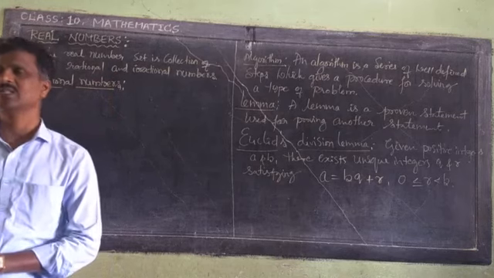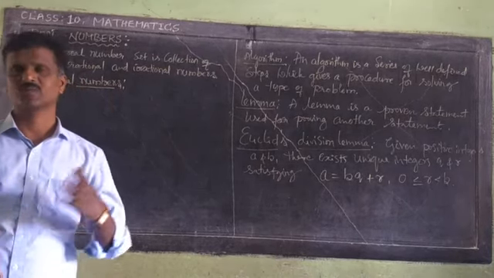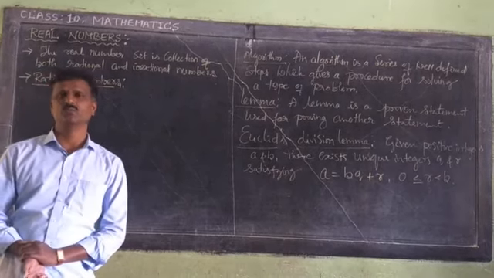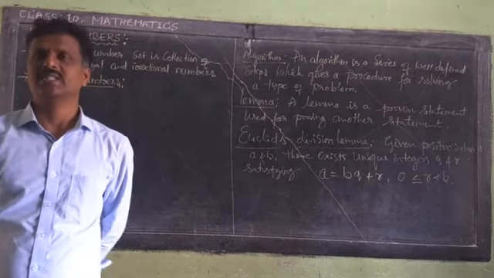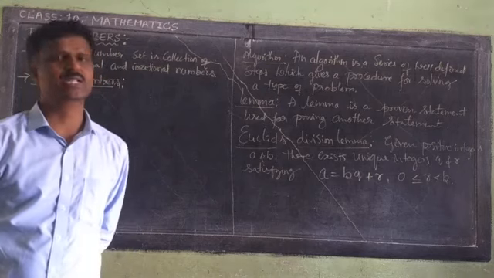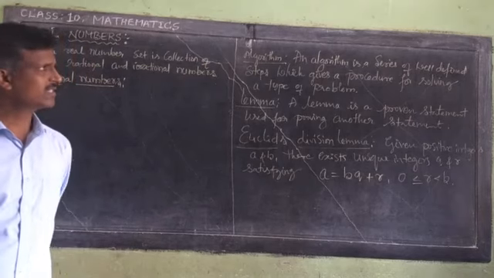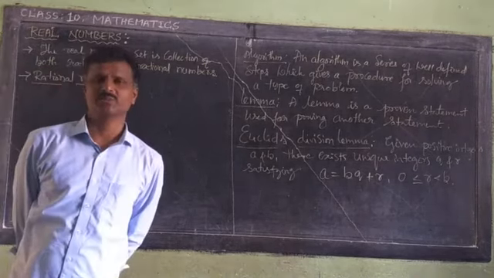In the previous classes we discussed some number systems: natural number system, whole number system, integers, rational, and irrational number system. All of these things are discussed in the previous classes. In this class, we are discussing the real numbers.